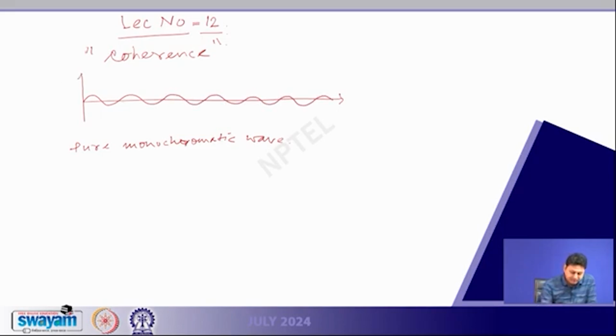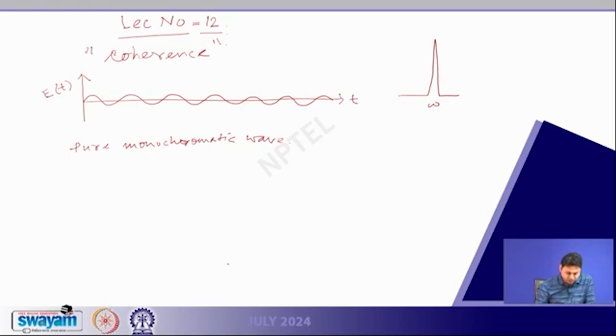The electric field, as a function of time, moves like this. For a perfect monochromatic source, the frequency is very precise. If I draw the frequency, it should be a single sharp line. Then we can have an infinite wave moving in a sinusoidal fashion.